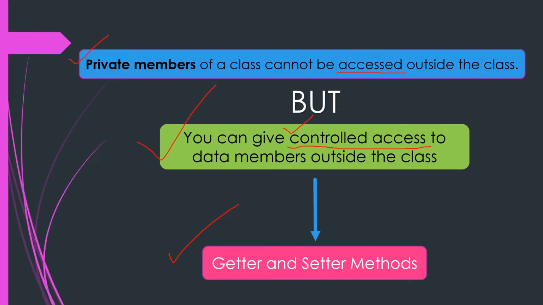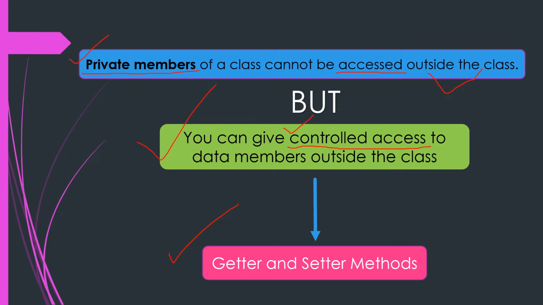Let me repeat if you are confused. Basically, if we declare any member as private, then we cannot access this member from outside the class. If we have declared any member in a class and we want it to be private, we add the keyword private. After that, we cannot access this member in some other class.